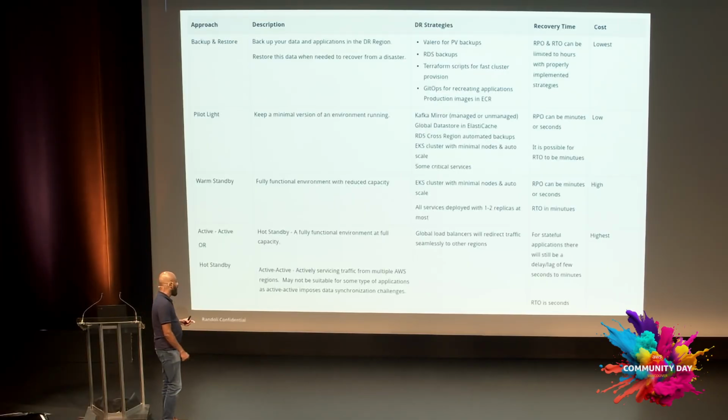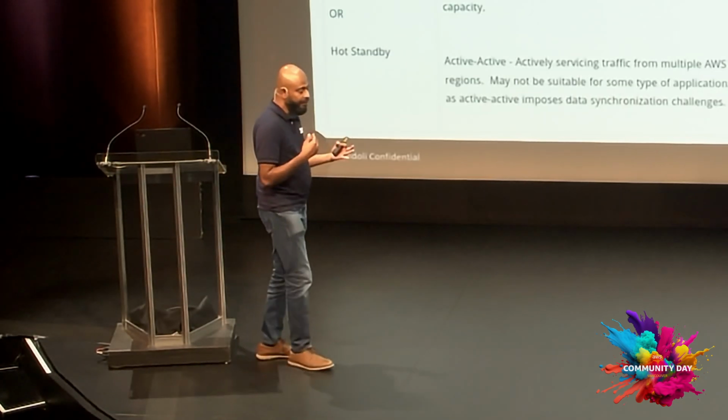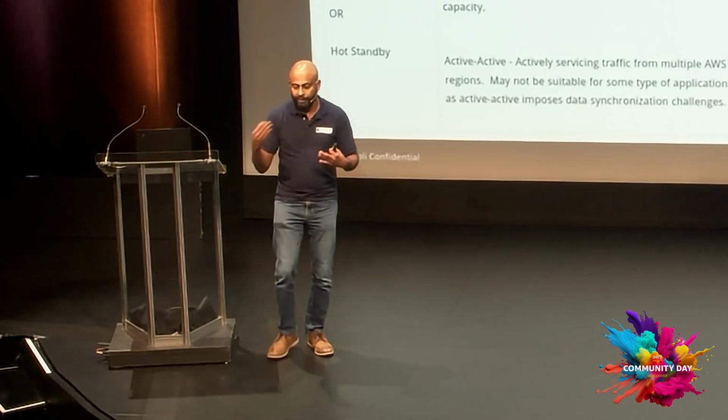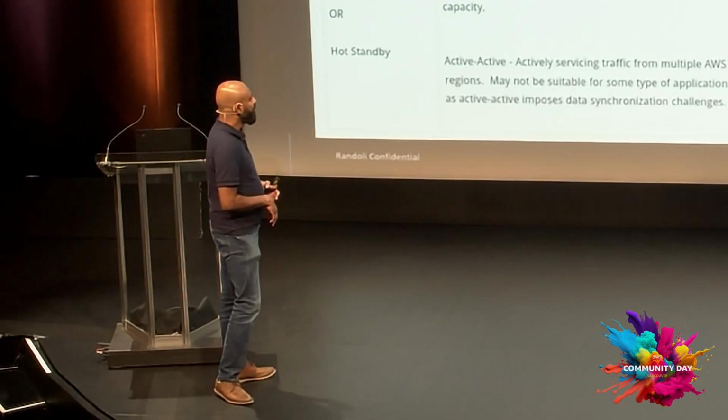Final one is active-active and hot standbys. Active-active is pretty hard to do for most applications because of data synchronization challenges, but this is also probably the most expensive option because you have a fully functional environment sitting there, right? But for some government services, some financial institutions, they'll have to do this because business-critical functions have to be up and running all the time.